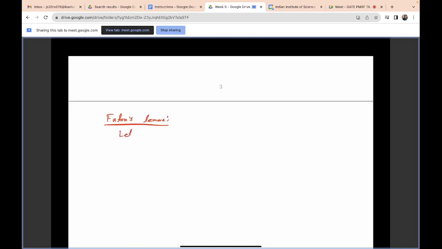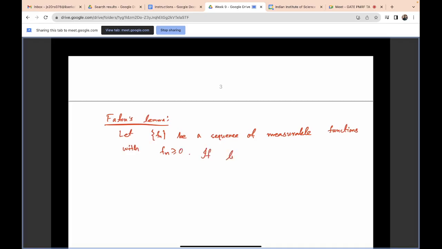Let f_n be a sequence of measurable functions, with f_n non-negative, meaning positive measurable functions.